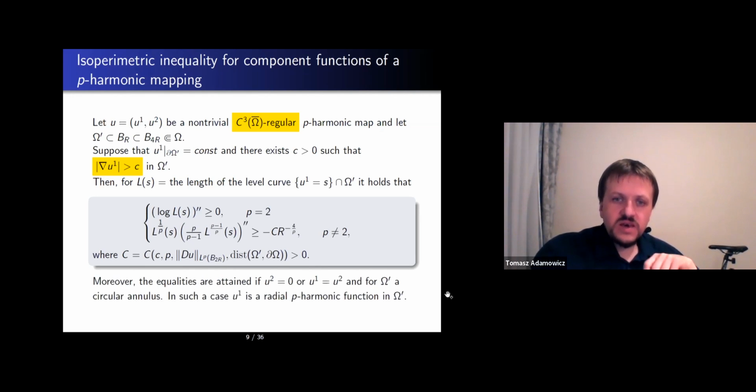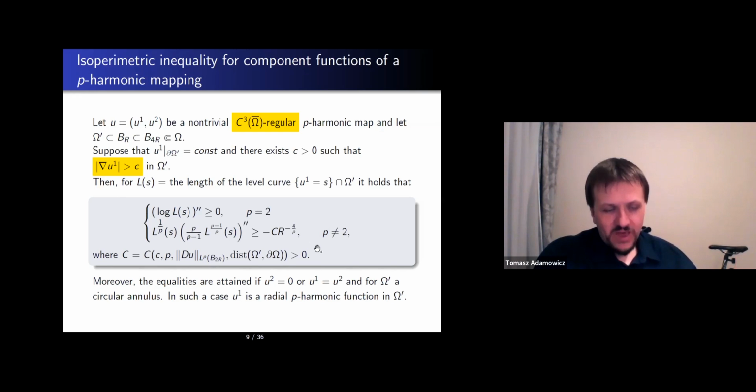The equalities are attained if the second component function is identically 0 or u1 is equal to u2, and for omega prime a circular annulus. In this case, u1 is a radial p-harmonic function. Of course, whatever I stated for the first component function can be as well stated for the second component function.